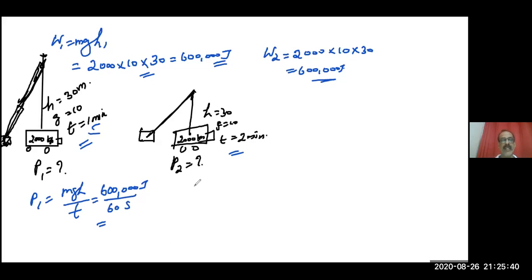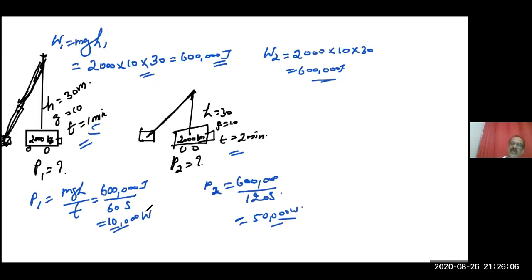P1 is 10,000 watt. In the same way, P2 is equal to 600,000 divided by 120 seconds, which is 5,000 watt. But fuel consumption will be the same in both the cases.